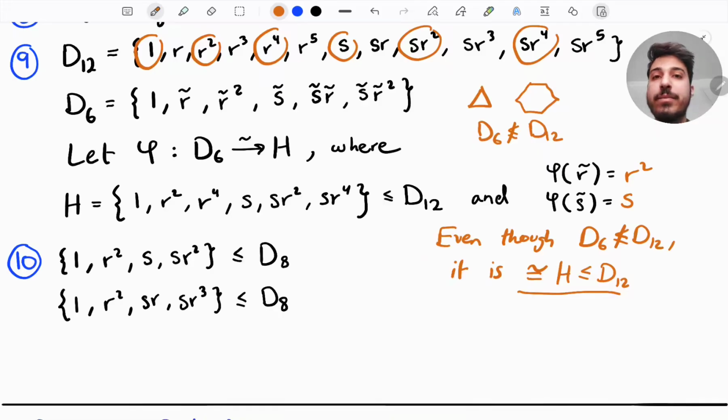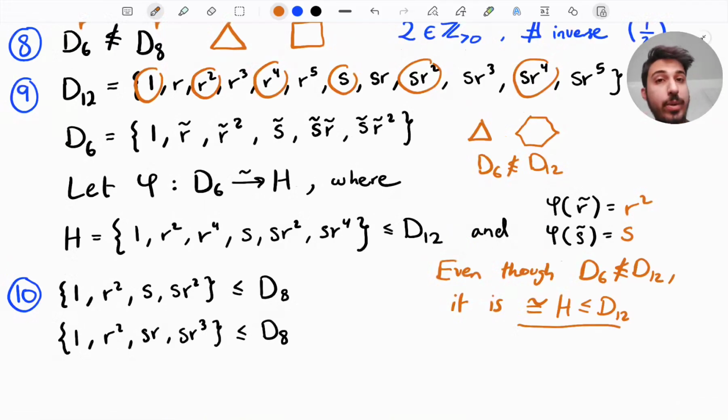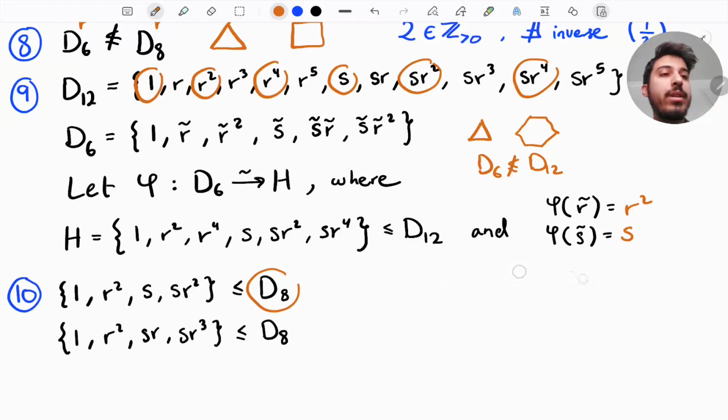Okay, now we have seen two examples of dihedral groups which are not subgroups of another dihedral group. But what about subsets which are actually subgroups of the dihedral group? If you take D8, for example, let me erase this real quick, D8 would be the symmetries of a square.